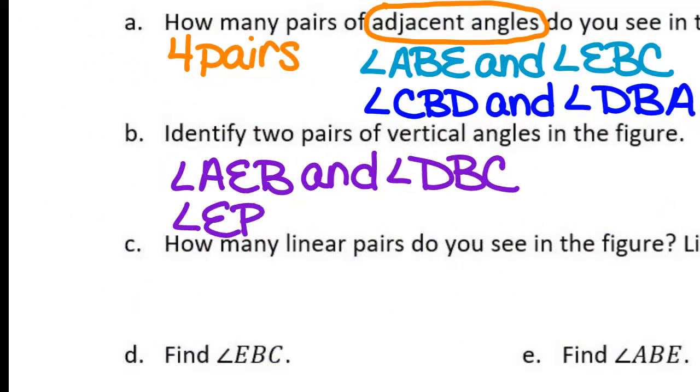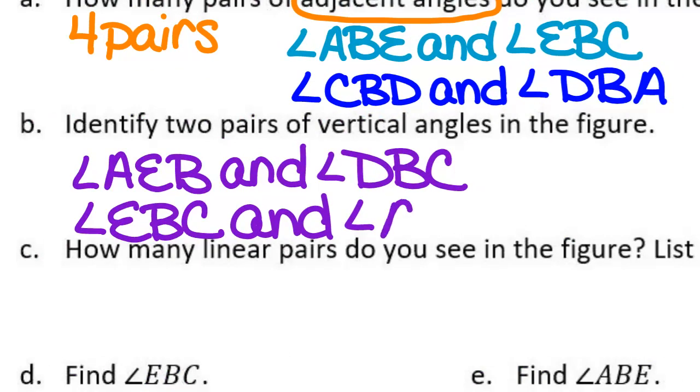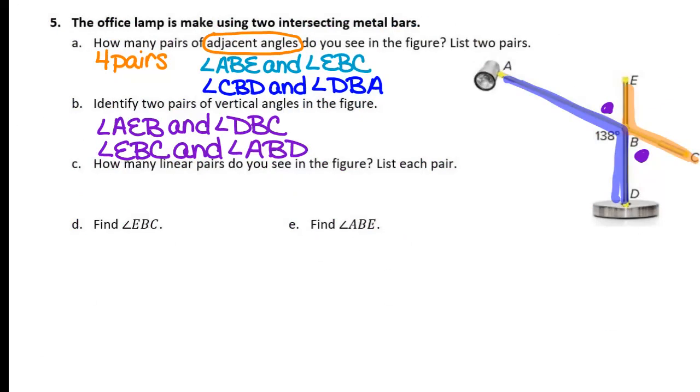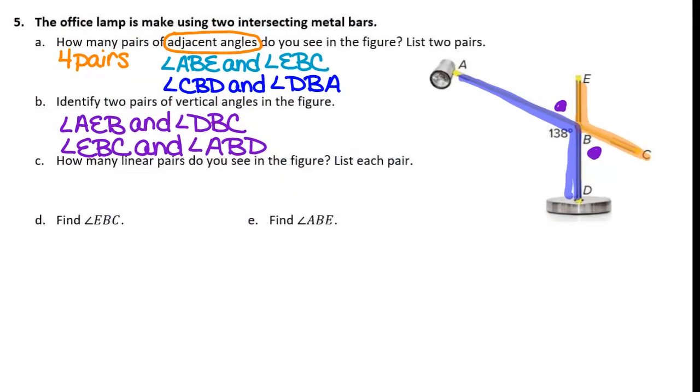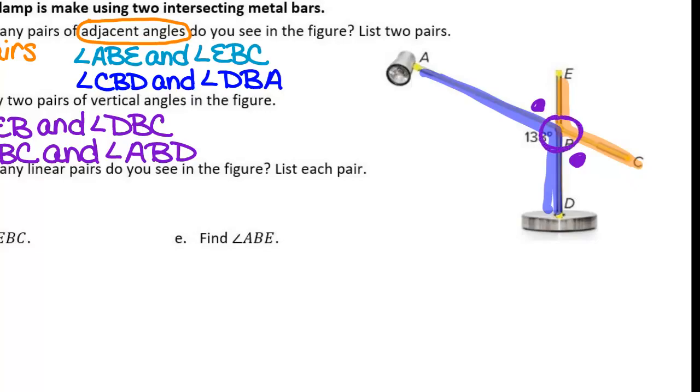Angle EBC and angle ABD. They share a vertex, but not a side. That's right. They share this point right here where they come together in the middle of the X, but that's the only thing they have in common.